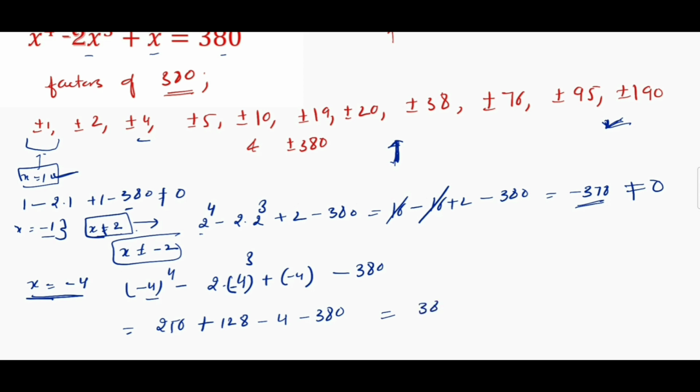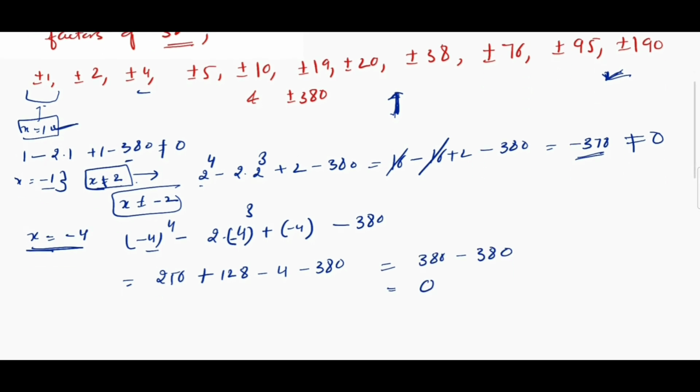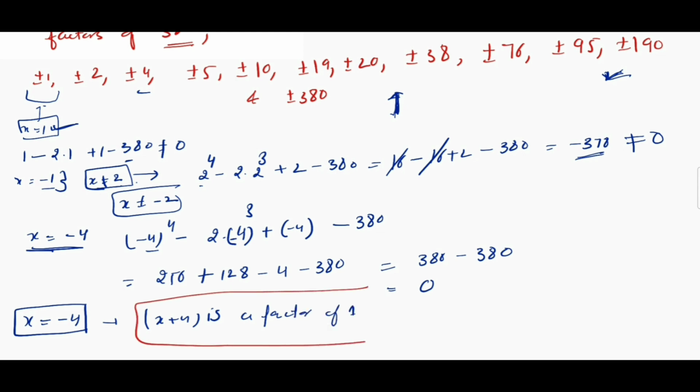So we'll get here 380 minus 380, which is equal to 0. So it means this value x is equal to negative 4 is the solution for this biquadratic equation. So we can say that x plus 4 is a factor of equation 1. So we got one factor of equation number 1.